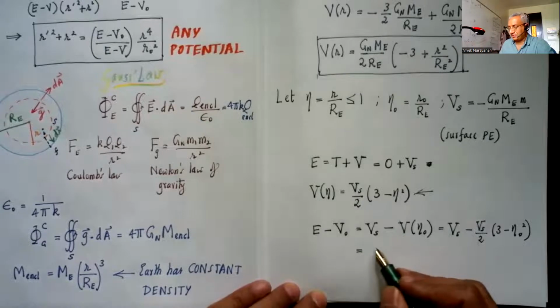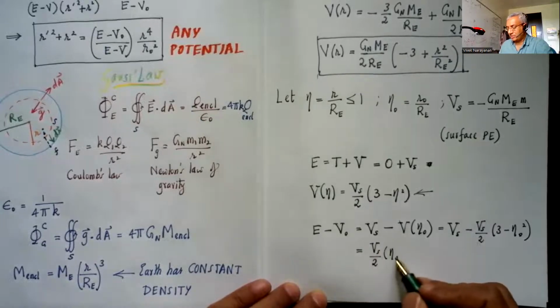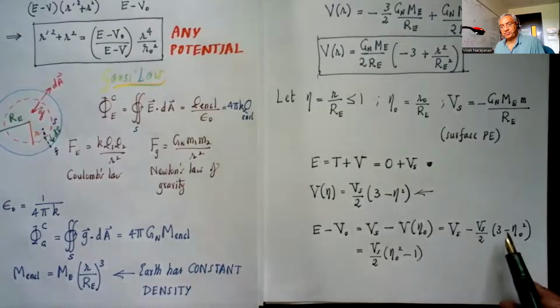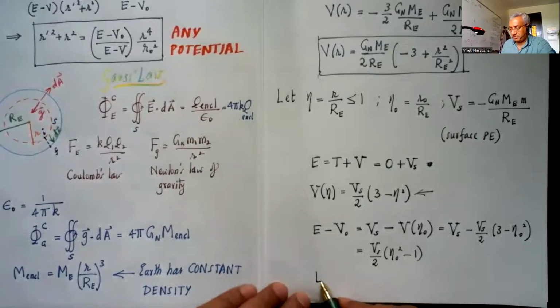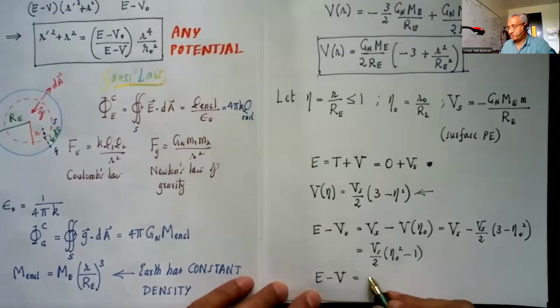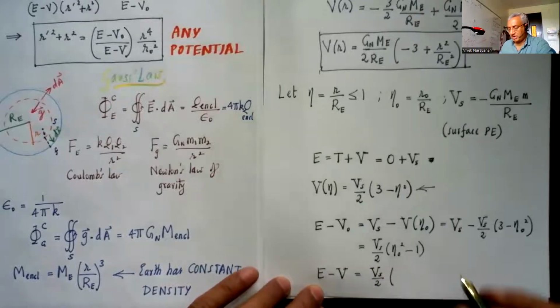So I get Vs divided by 2, eta naught squared minus 1. You observe that eta naught squared comes first because minus over minus is plus. All right. And then E minus V, by the same token, without the naught, it'll just be the same thing, except you'll replace the eta naught by eta.